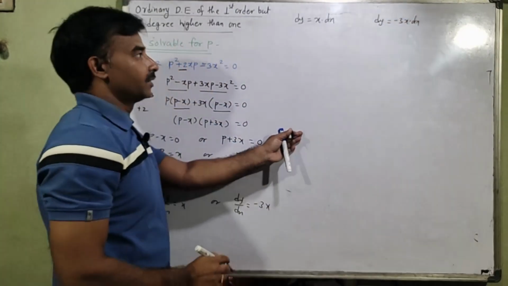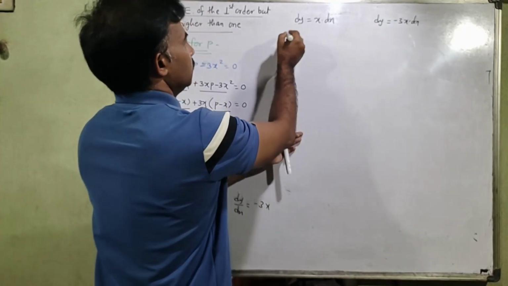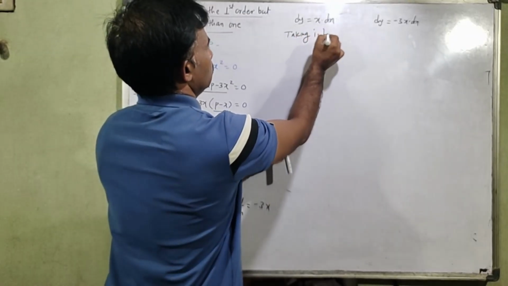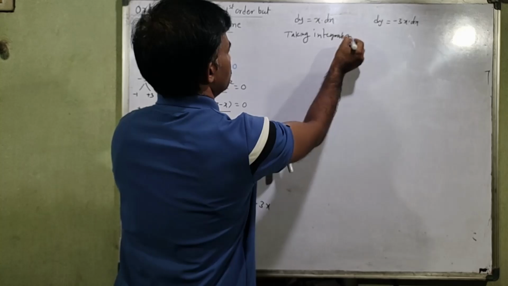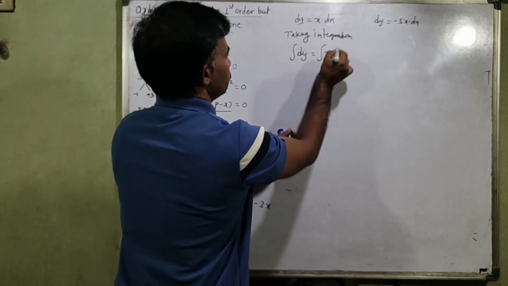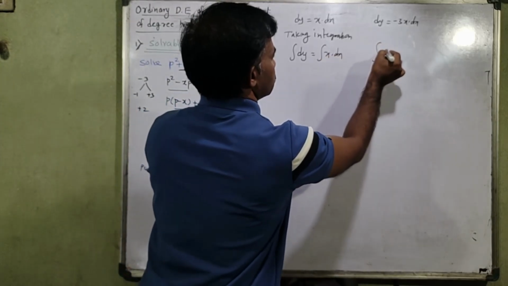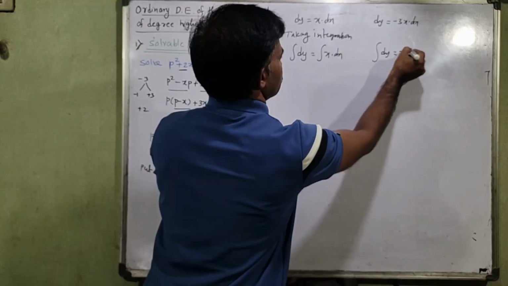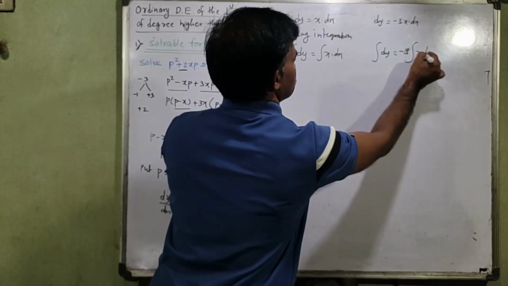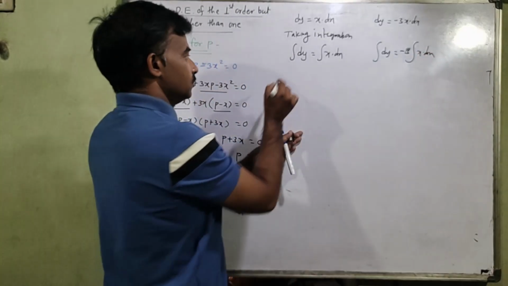This is a variable separable form, and taking integration, you will get the integration of dy and integration of x into dx. For the other, integration of dy, and minus 3 is a constant taken outside from the integration, and this is the integration of x into dx.